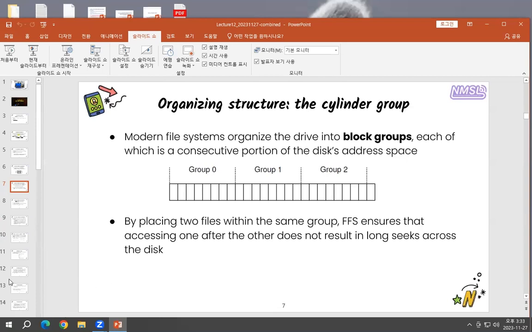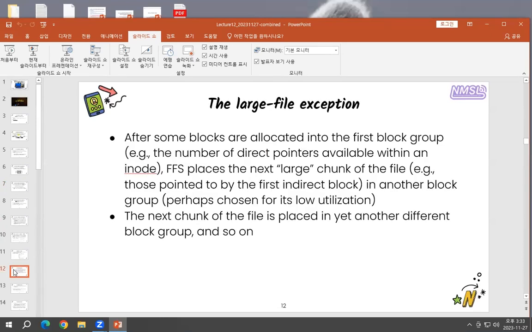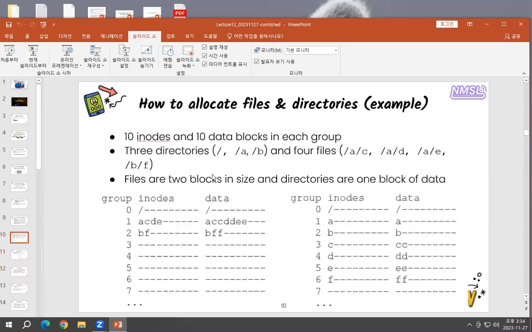12. So basically what we want to do, because we had this rule where you want to put the similar ones or related ones together, right? Now here, let's say one file is super large.